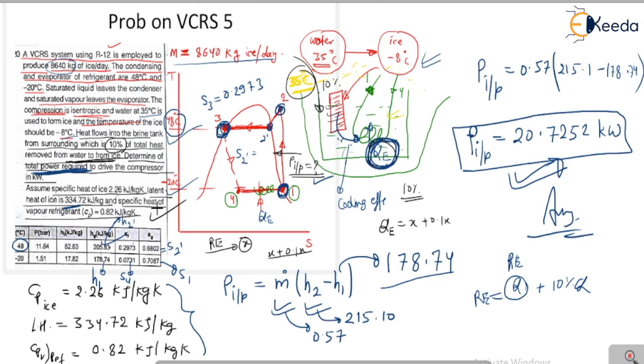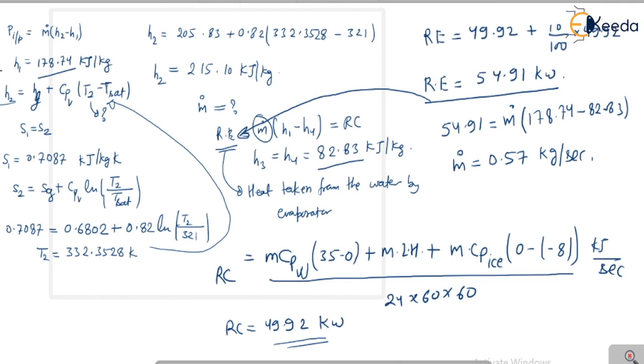And now the examiner asks about the total power required. So first of all you have to write the power input equation and notice what the unknown values are, and step by step you have to calculate all the unknown values, that means H2 and mass flow rate. By the next slide you have to calculate the H2 value, and the H2 value is this.